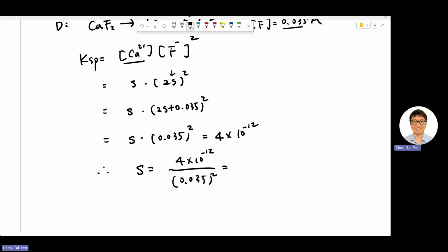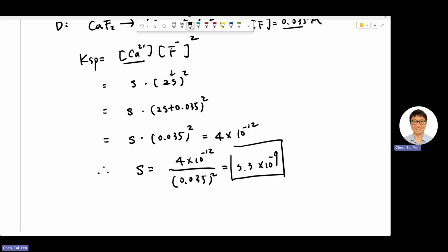And then you are going to get a value of 3.3 times 10 to the negative 9. That will be the solubility of the lead insoluble salt. Again, we can't do these things in the chapter question, so we just redo it here.